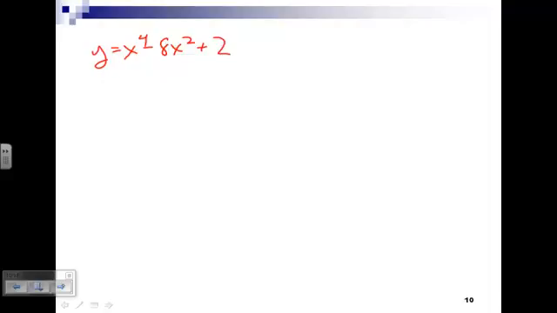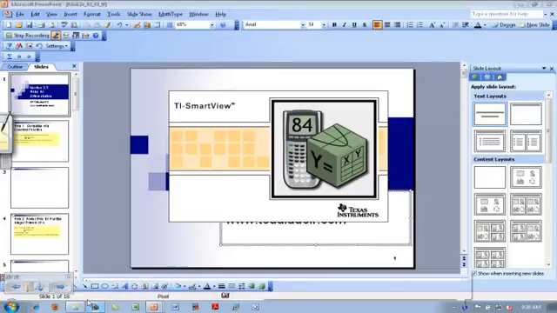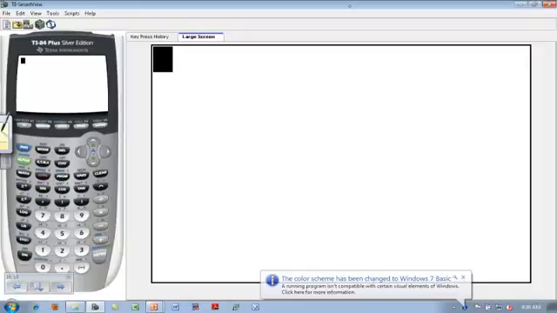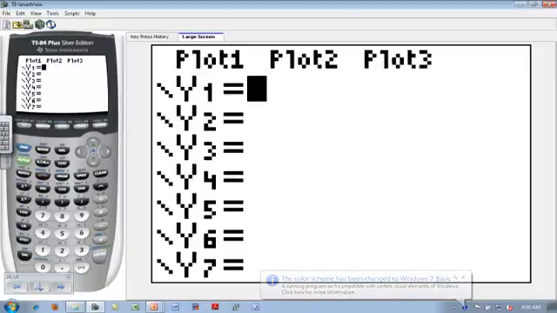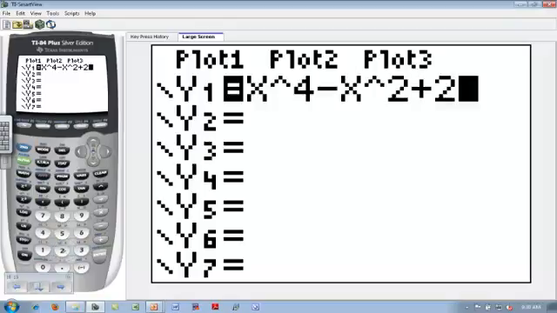Now, one way we could do this is to go right to the calculator and say, calculator, graph it out, show me where the horizontal tangents are. I think it was x to the 4th minus 8x squared plus 2.